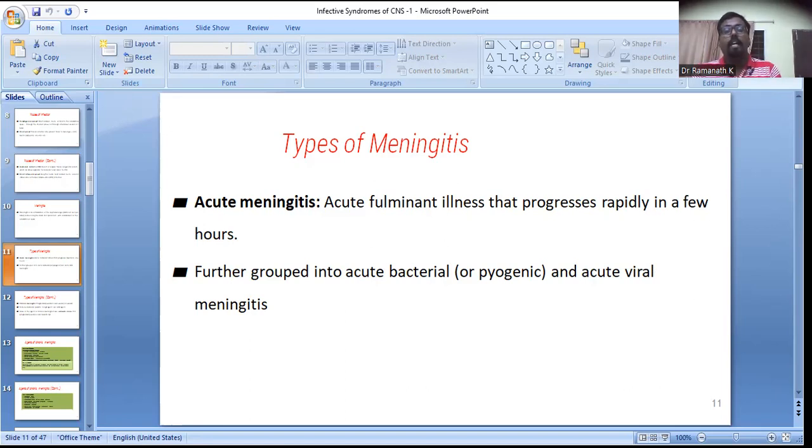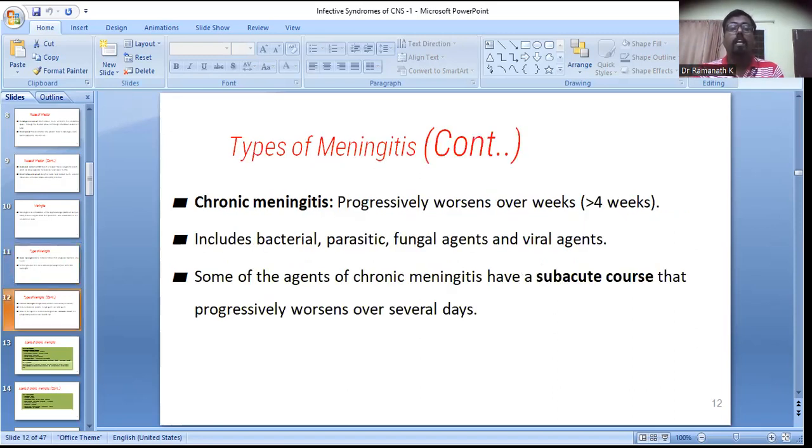Bacterial meningitis is also called pyogenic meningitis because there is a significant amount of pus production or presence of neutrophils in that particular infected area.